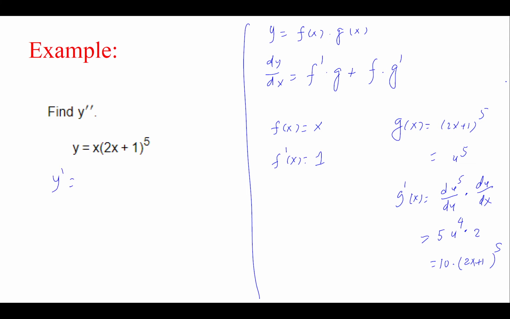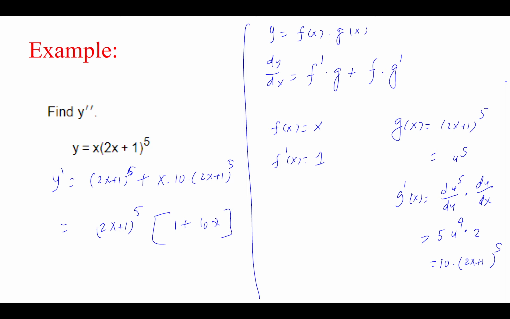So y prime is f prime, which is 1, times g, which is 2x plus 1 to the power 5, plus f, which is x, times g prime, which is 10 times 2x plus 1 to the power 4. Eventually, I can factor out 2x plus 1 to the power 4 and write 1 plus 10x.